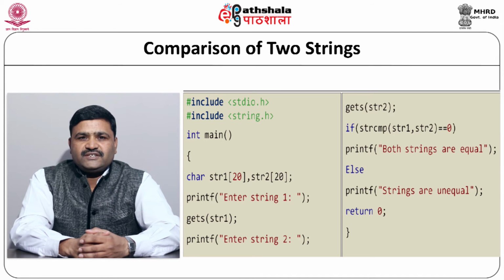Now these two strings are compared with the string function strcmp(string1, string2). If these two strings are equal, then you would like to display a particular message like strings are equal. If strings are not equal, then you have to display a message that strings are not equal.